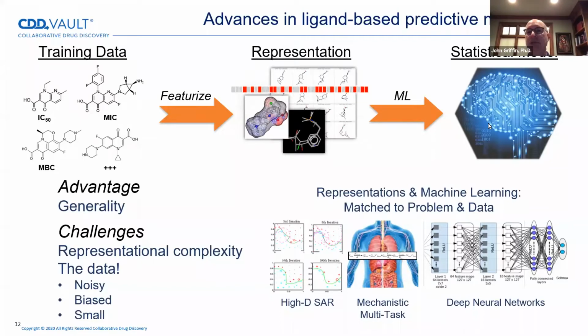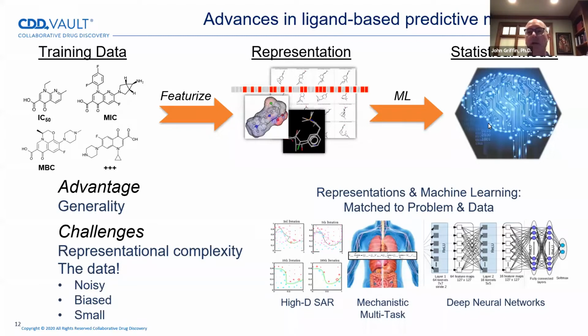And to these representations of the training data, we can then apply machine learning algorithms properly matched to the representations to derive these statistical models, these AIs that can then be applied to a number of problems of interest in drug discovery. The advantage of ligand-based methods is that they are quite general. In fact, they can be applied to many phenomena of interest: activity, selectivity, ADME properties, toxicity.